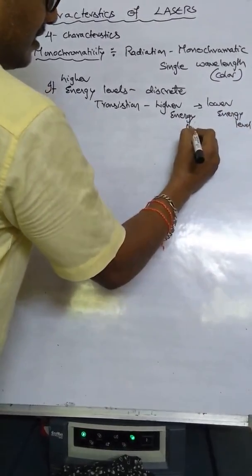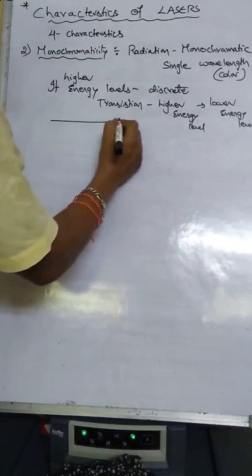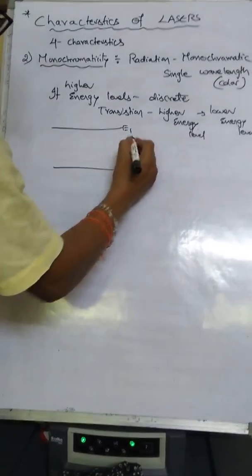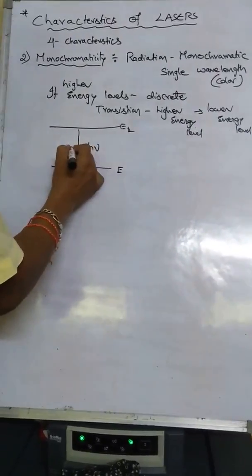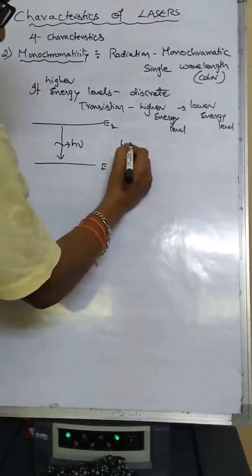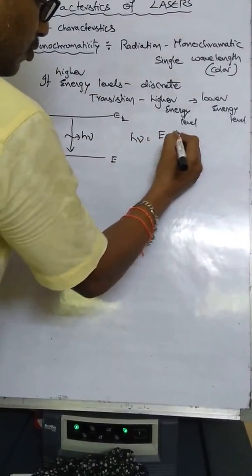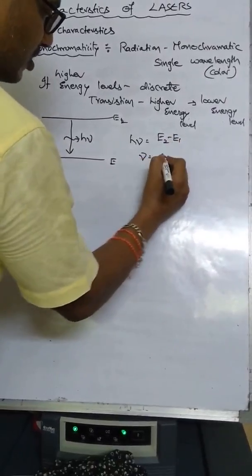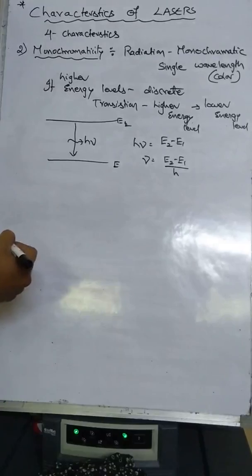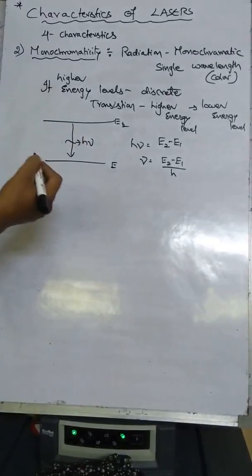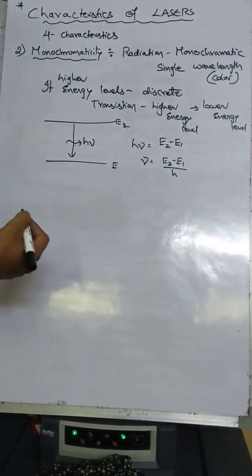As a result, there will be a transition from E2 to E1, and this transition is obtained as h nu, where h nu is equal to E2 minus E1, so nu is equal to (E2 minus E1) by h. This is a single frequency.